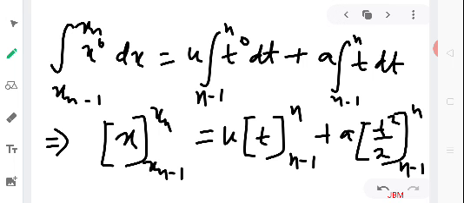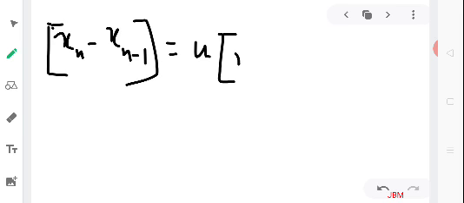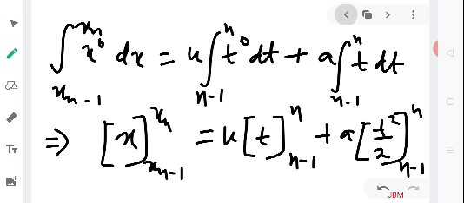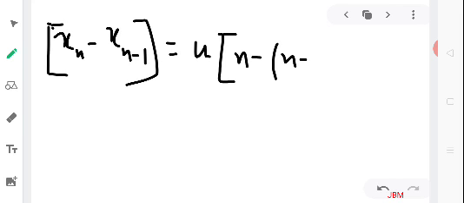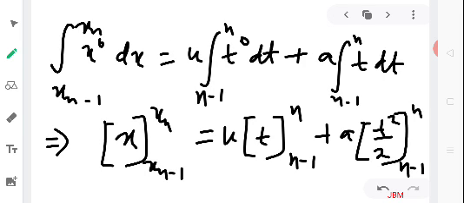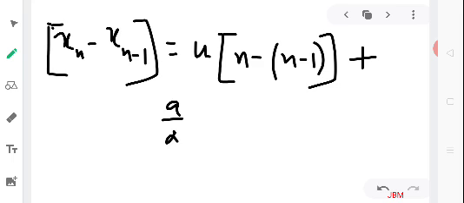First in place of t, what do I have to write? n. And next in place of t, I have to write n minus 1. Intentionally I have put a bracket because I have to take care of the sign also. Plus, on a separate line, a. See, I can take out this 2, so it will become a by 2.